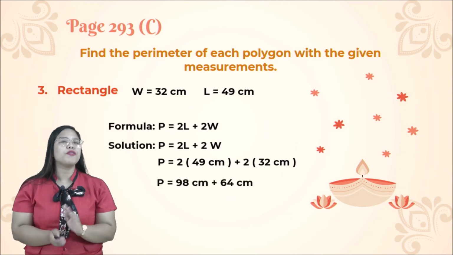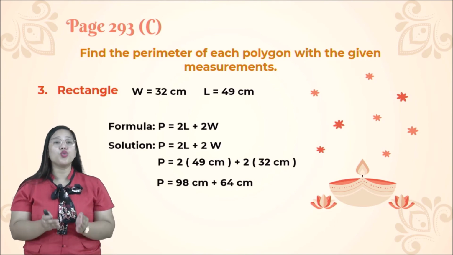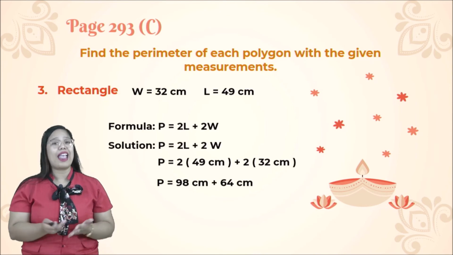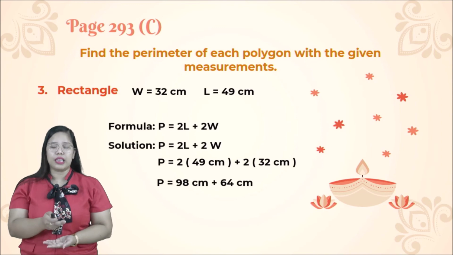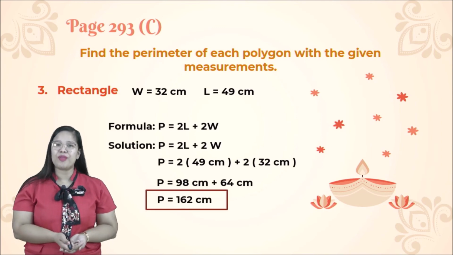So 2 times 49 centimeters is 98 centimeters plus 2 times 32 will become 64 centimeters. And now we will just add 98 plus 64 centimeters and it will become 162 centimeters.